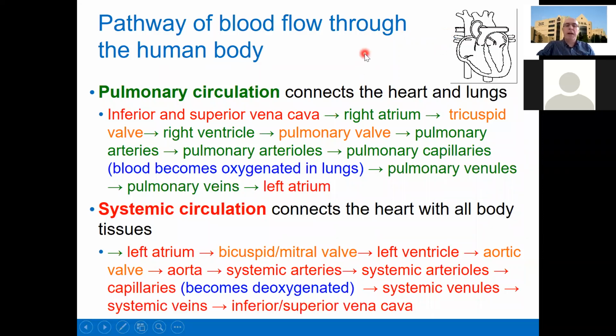Okay, I hope that it was helpful for you guys. The pathway of blood, as you understand from the video, is really complicated, but there are two main circuits: the pulmonary circuit and the systemic circuit, as I told you before.